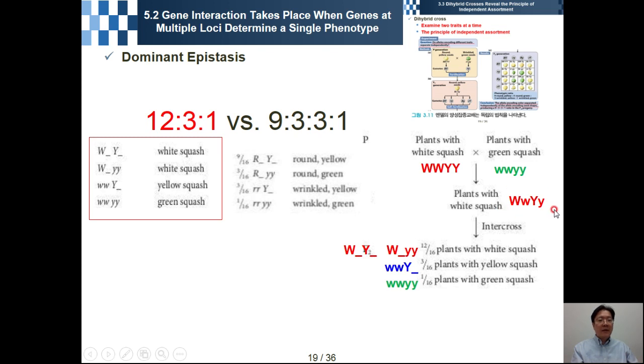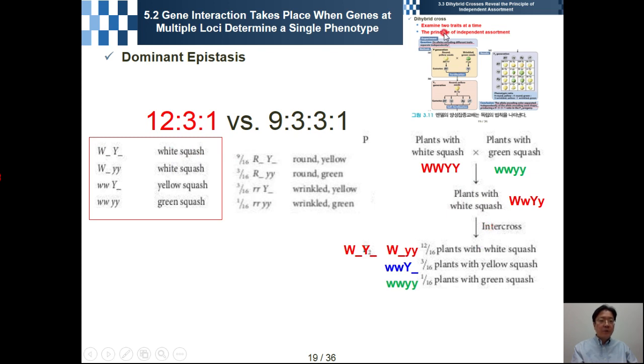What is the phenotype? If they have large W, the phenotype is white squash.